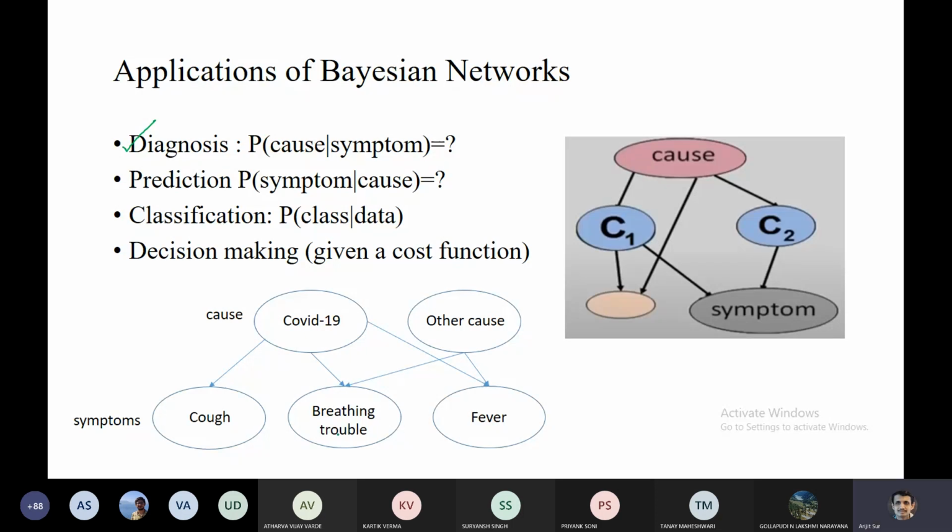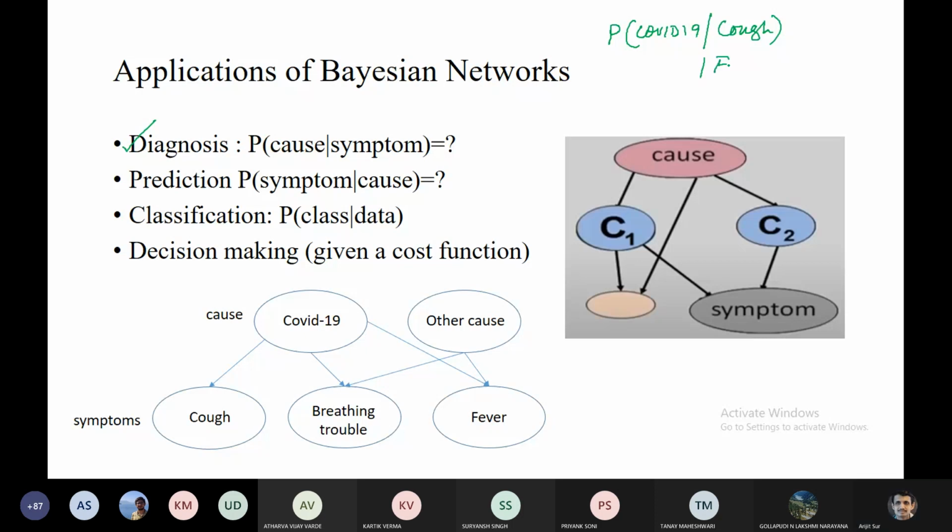Then we can find out what is the probability of COVID-19 given you have a cough, and what is the probability of COVID-19 given you have some fever.